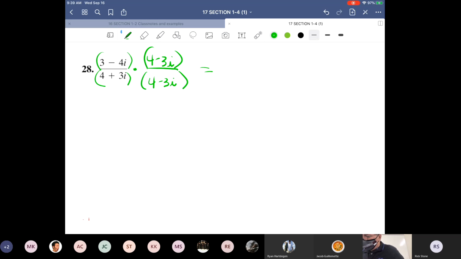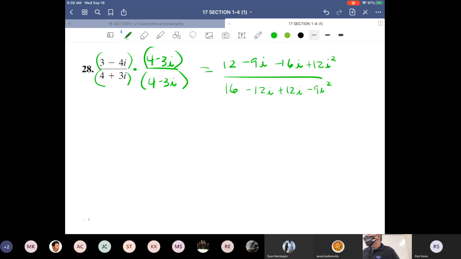So I'm going to have to FOIL the numerator, which is going to get me 12 minus 9i minus 16i plus 12i squared over, and I do the denominator, I get 16 minus 12i plus 12i minus 9i squared. Is everyone with me on the FOIL? Well, we know that these two things are going to cancel.